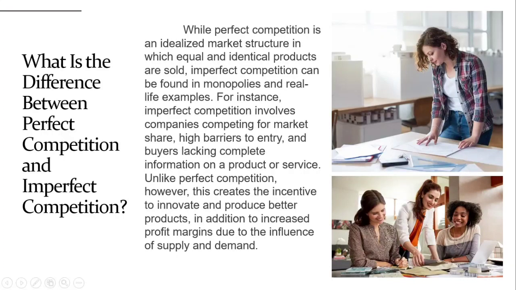For instance, imperfect competition involves companies competing for market share, high barriers to entry, and buyers lacking complete information on a product or service. Unlike perfect competition, however, this creates the incentive to innovate and produce better products, in addition to increased profit margins due to the influence of supply and demand.